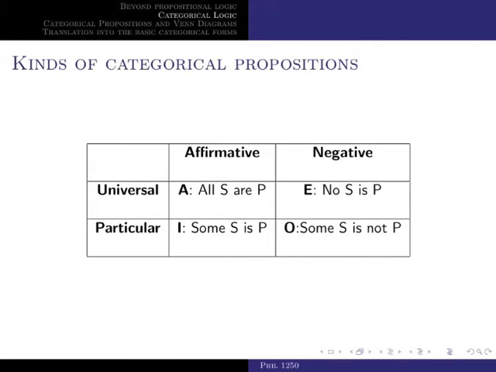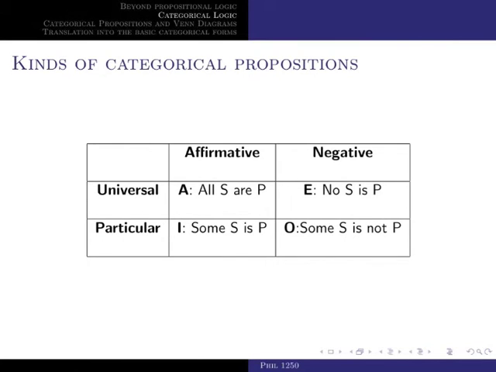Quality has to do with whether the predicate term is affirmed of the subject term or negated of it. So we can see that A and I are both affirmative because they say something about S, either that all are P or some are P. Whereas E and O are negative, because they negate P of all S, as in the first case, or of some of them.